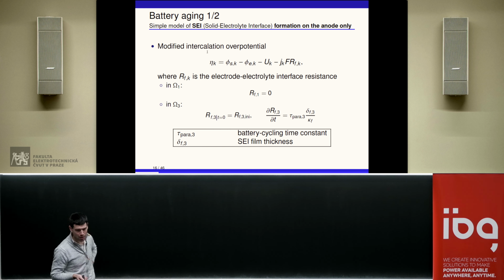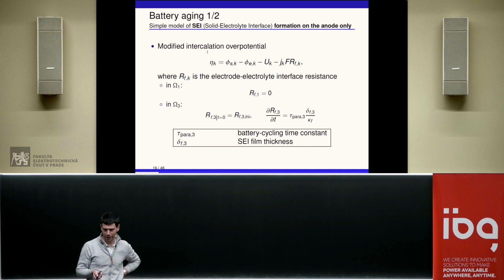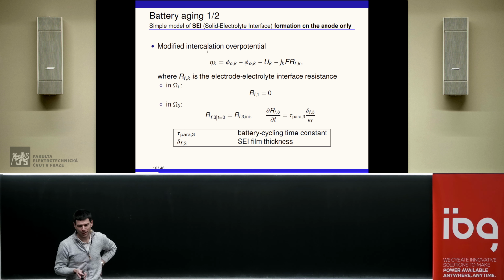What is important, however, is the description of battery aging, which is modeled by the parasitic intercalation overpotential, where we have parasitic fluxes.